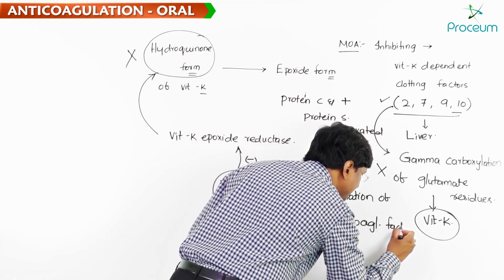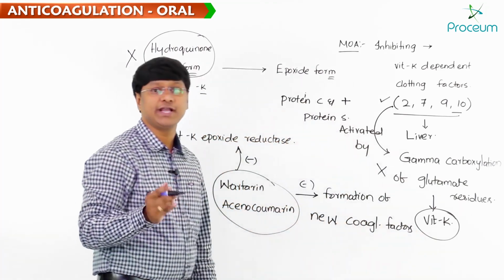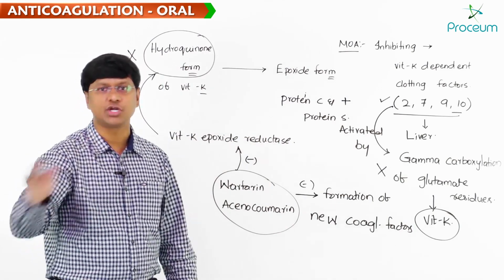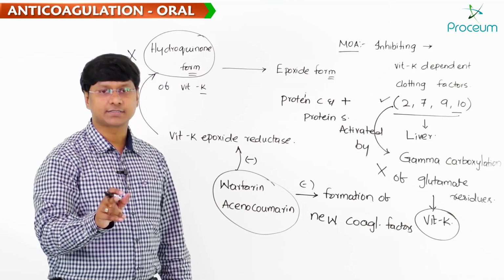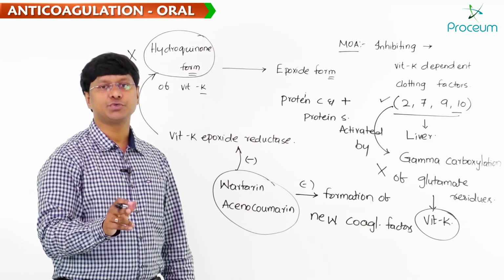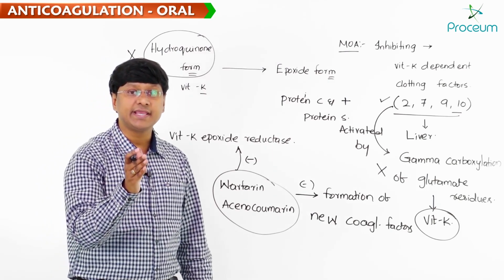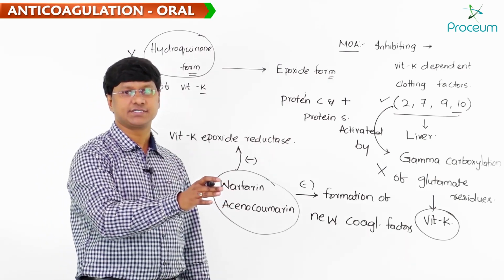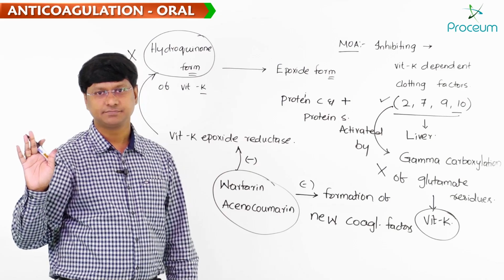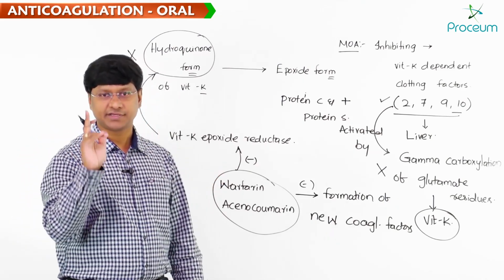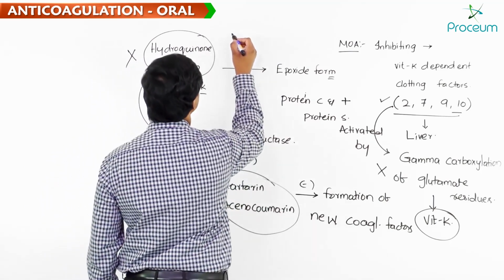That means whenever you give Warfarin, the fresh coagulation factors, that is 2, 7, 9, 10, will not be formed, but the point you should remember here is the already activated factors are not affected. Already activated factors are not affected. This one important point you should remember.